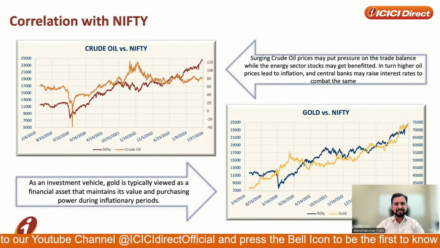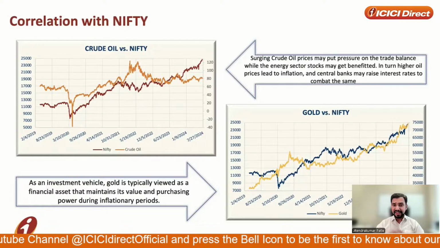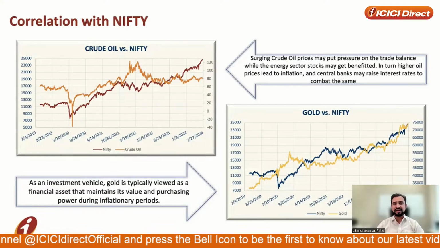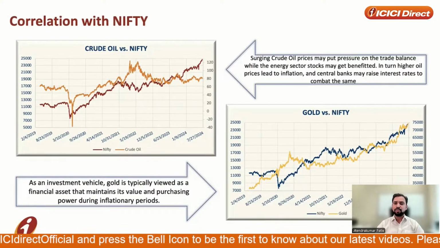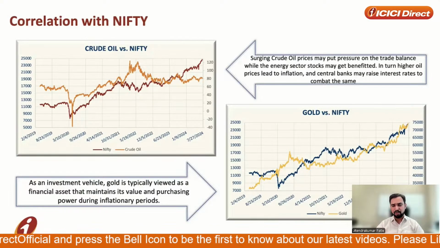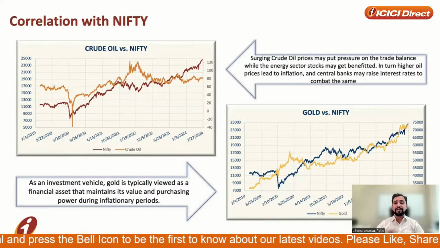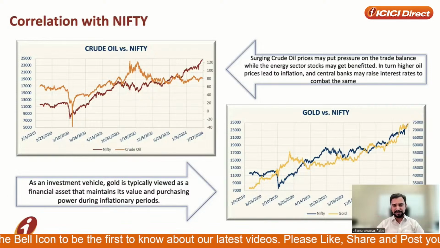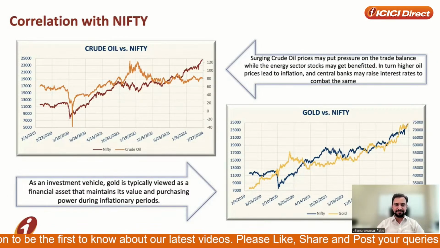So there is an inverse relationship between crude oil and the equity market. Similarly, gold and Nifty: whenever the equity market is not performing, people look for a safe haven asset like gold, so gold prices go up. We saw this in a COVID-like situation, when the Ukraine crisis happened, or when the Russia or Israel conflict arose. At that time gold prices went up.